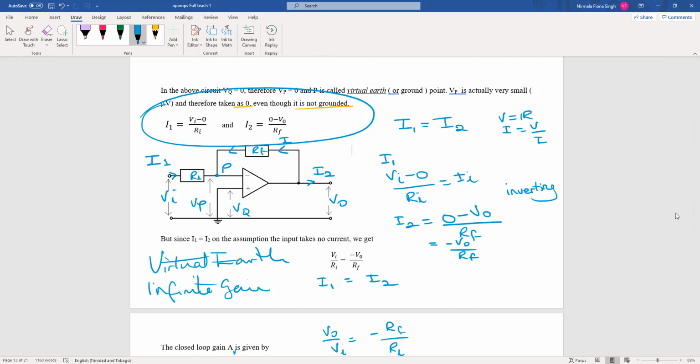If they're not asking about virtual earth or infinite gain approximation, we use the other derivation. But honestly, both of them are going to give you the same thing.